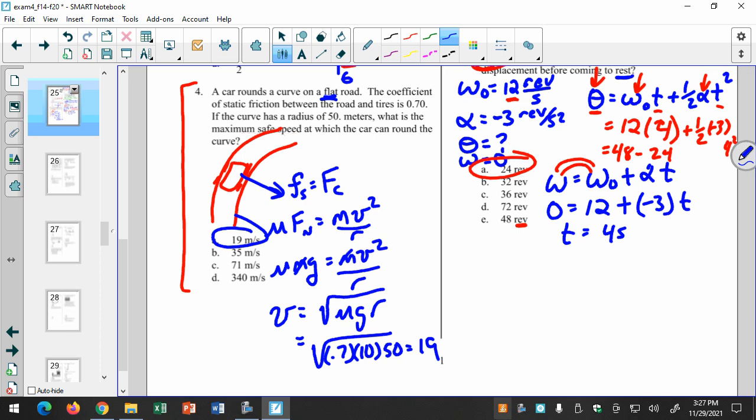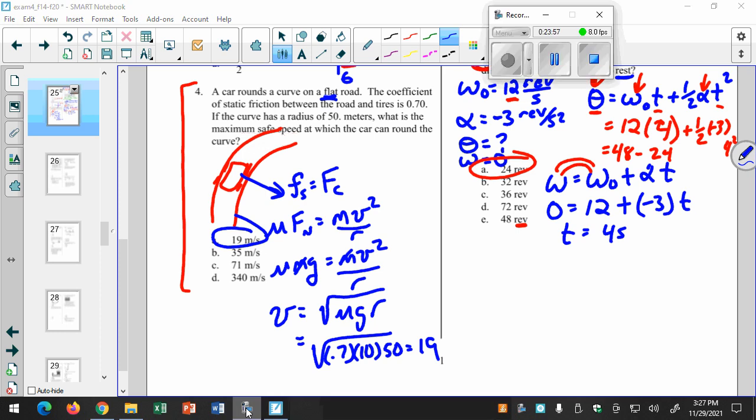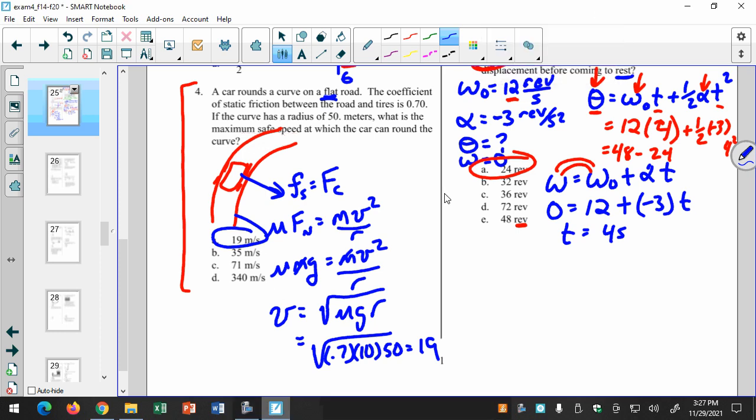Why do you have to set it equal to the friction? Yeah, so the centripetal force, we didn't really skip a step, but what we did here is we said that the sum of the forces equals mass times acceleration. And the sum of the forces, there's only one force acting, and that is the static frictional force.